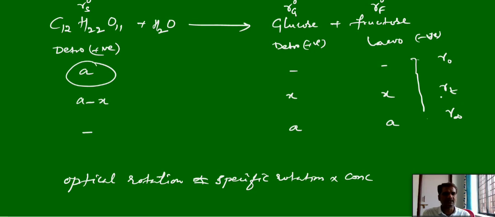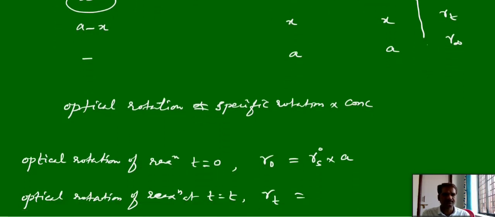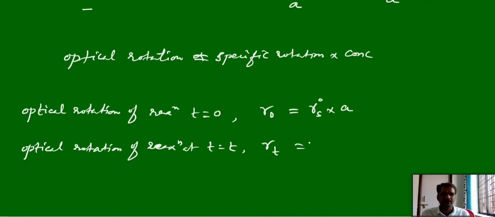So this is the total optical rotation, so we have to add the optical rotation of sucrose, glucose, and fructose. Means the specific rotation of sucrose whose concentration left is A minus X, plus the specific rotation of glucose whose concentration is X, and the specific rotation of fructose whose concentration is X.